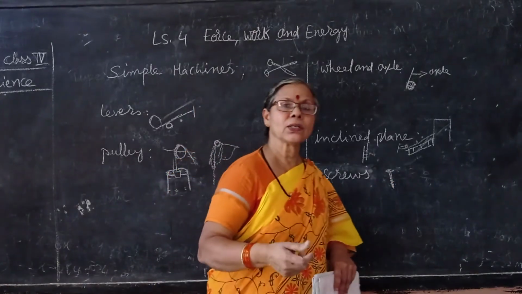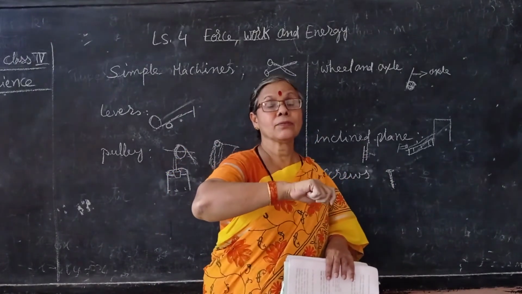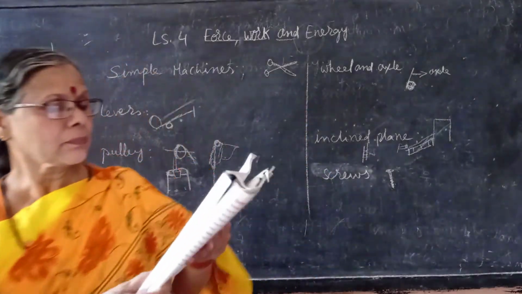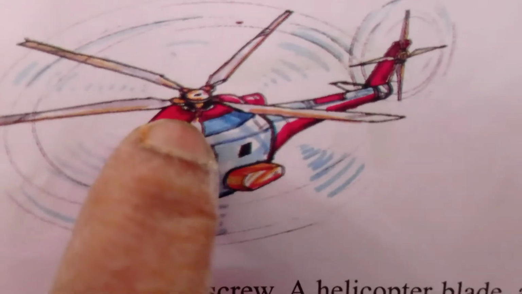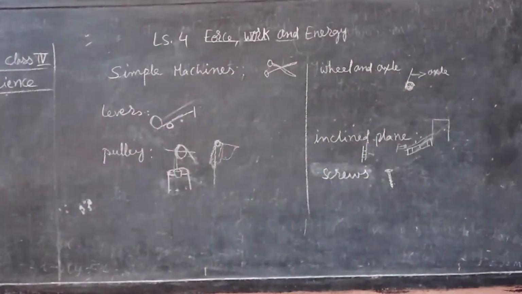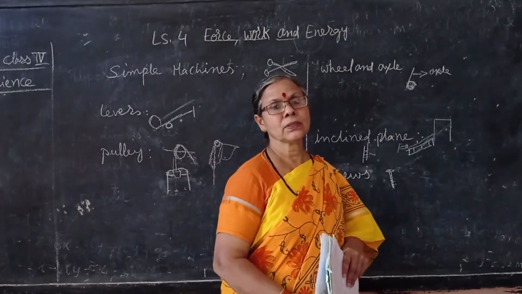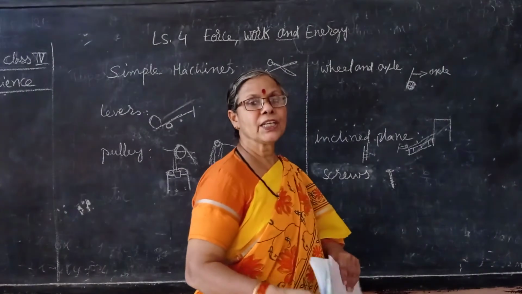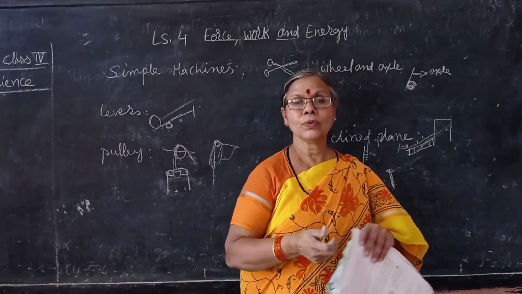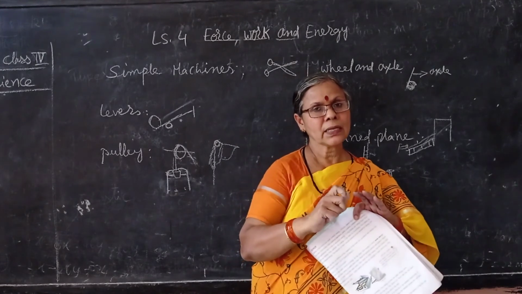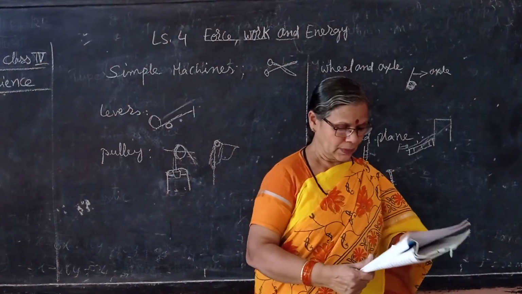Screws, you can fix them or move around them. Helicopters and all you can see in this. So the ramp goes round. A screw allows you to use less force and change the direction of force. It will be very easy. If you want to make two objects move, you can attach them with it and make it easy. That one.